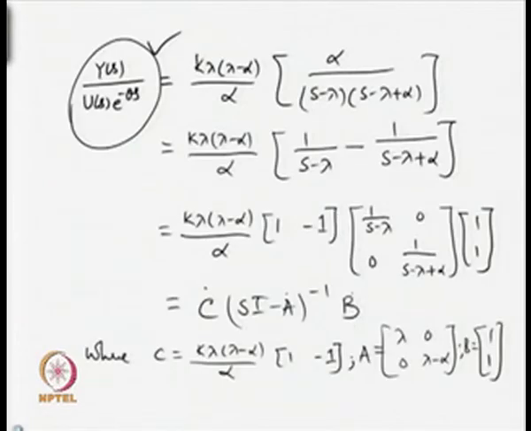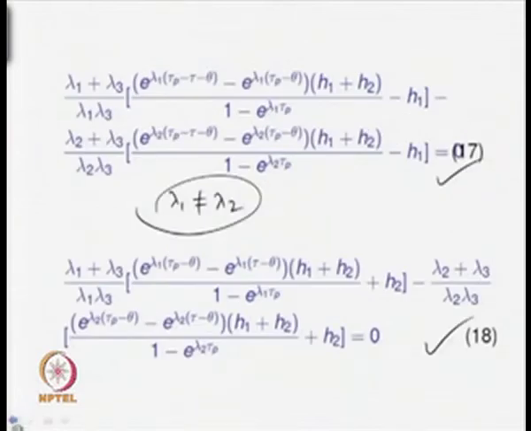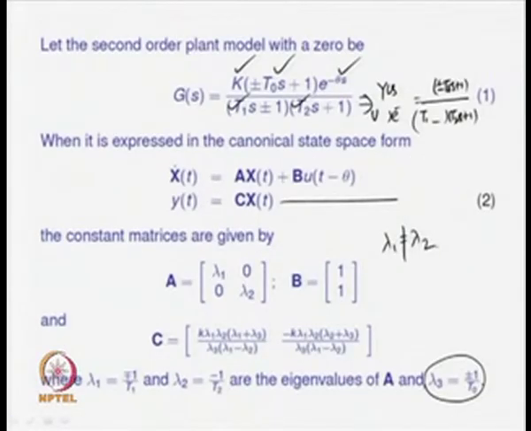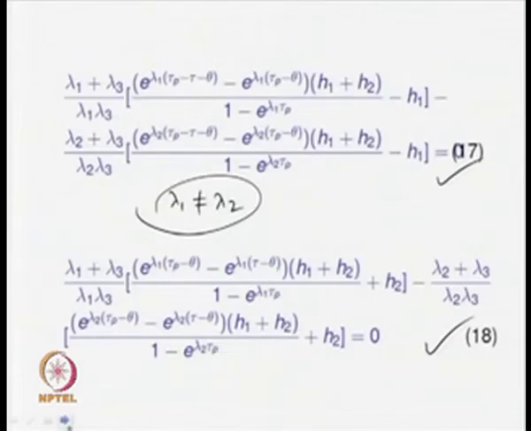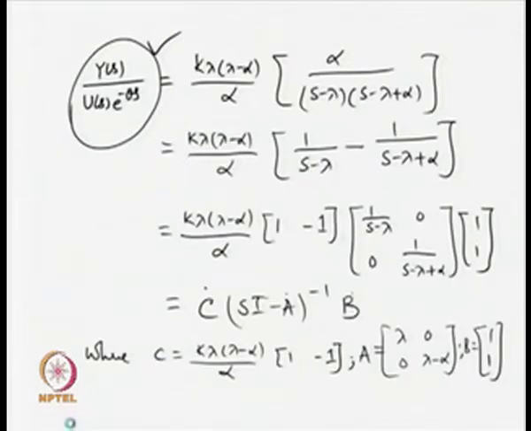We have got the system state equation represented by this form, where x dot(t) equal to A x(t) plus B u(t minus theta), y(t) equal to C x(t), with A, B, C given in this form. Now, basically I have been able to obtain this standard form using analysis. When is that possible? That is possible provided I assume that lambda 1 equal to lambda and lambda 2 becomes lambda minus alpha.